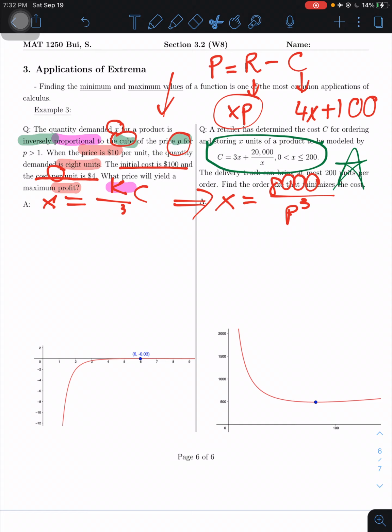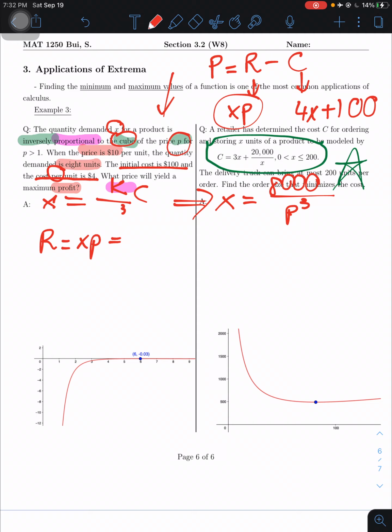Okay, now that we figured out the relationship between x and p already, we're gonna get the revenue function by doing x times p. So revenue equals xp.